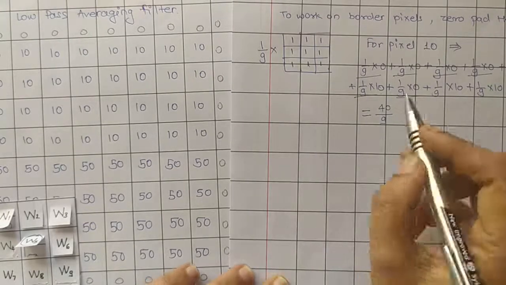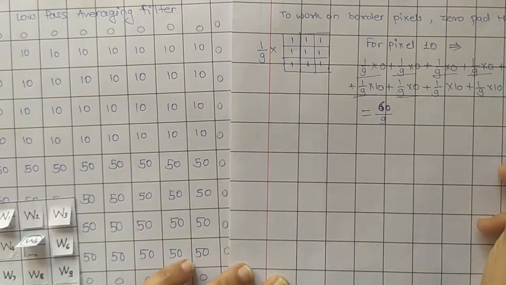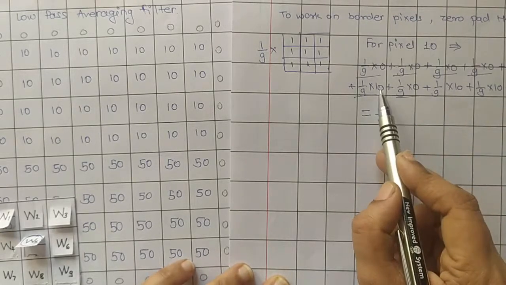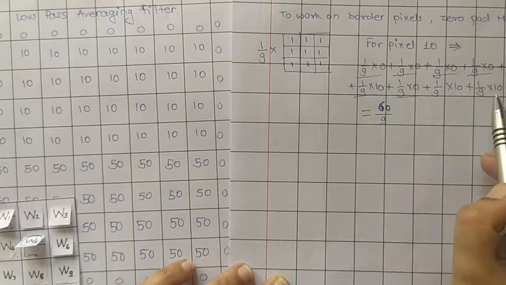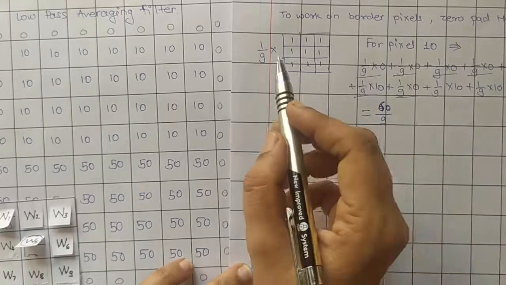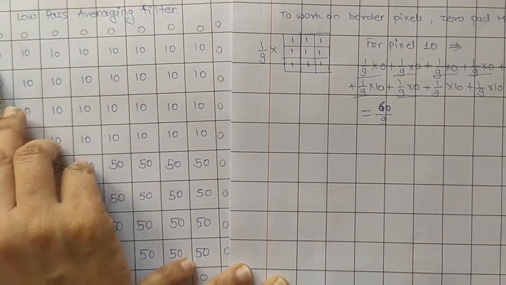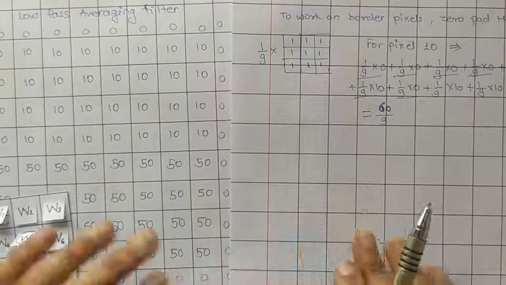Sorry, it is not 40, it is 60 divided by 9. This is 10, this is 10, 20, 30, 40, 50 and 60. So 60 divided by 9 will be the value for the very first pixel, this pixel.